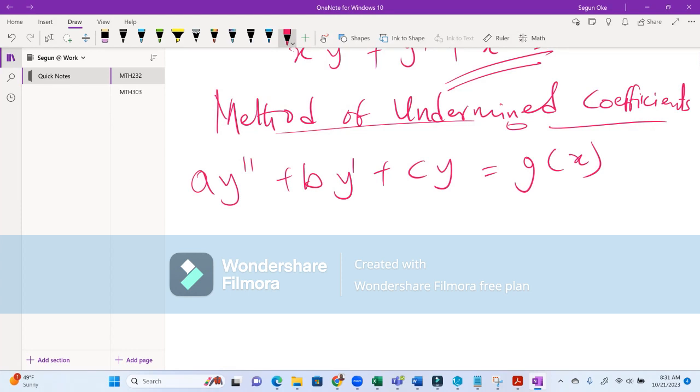Double differentiation, right? Yes, you have to differentiate twice. Am I right? Yes, sir. So if you have to differentiate twice, this topic is under linear differential equations.